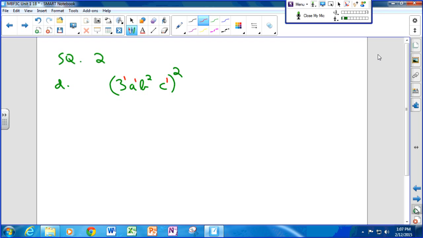Okay. So when we rewrite this, we just rewrite it using the power to a power. So I have 3, and I have 1 times 2 right there. That's not going to change anything, but it shows you where we get all this. We have a, and I also have 1 times 2. Then we have b, and that one already had a 2 there, and we're going to multiply it by 2.